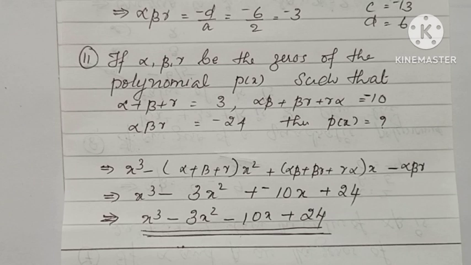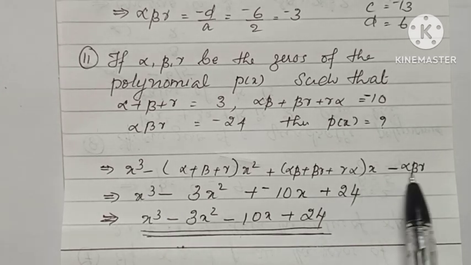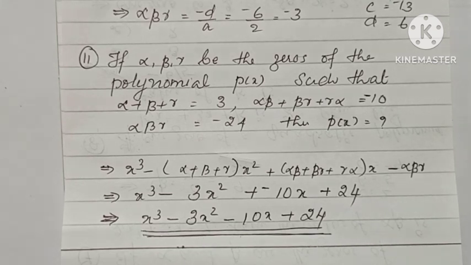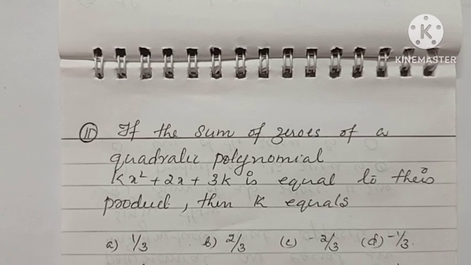P of x means we have to write the polynomial. 3 roots are given, or 3 zeros are given, therefore the equation will be of x raised to 3. Substituting each value, we will get the polynomial as x raised to 3 minus 3x squared minus 10x plus 24. Next question.